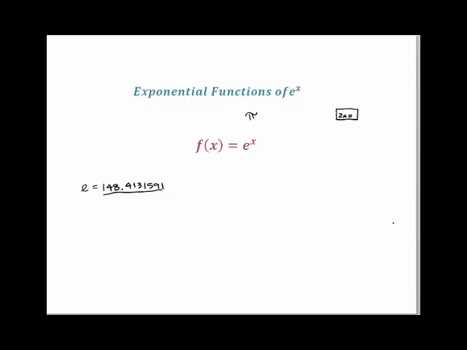If you look down on that lower left-hand side, you're going to see a button that's marked LN. Now that stands for the natural log. Actually, the E function is related to the natural log.